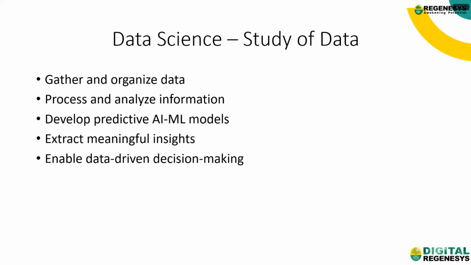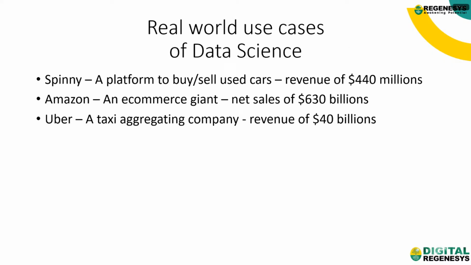Okay, so now that you have got an idea about what is data science, let's move to a few real world use cases of data science. Here I'm going to consider these three companies. The first one is the Spinny platform, where you can buy or sell used cars, and it has a revenue of about 450 million dollars.